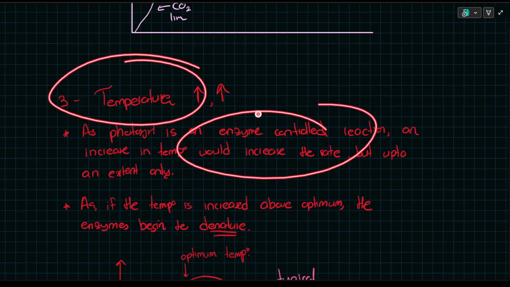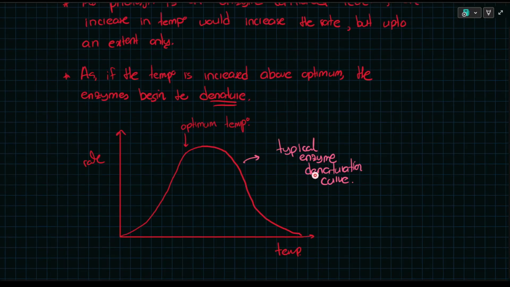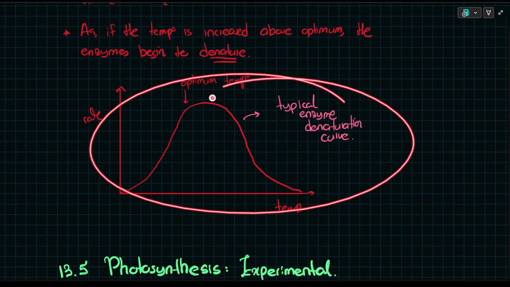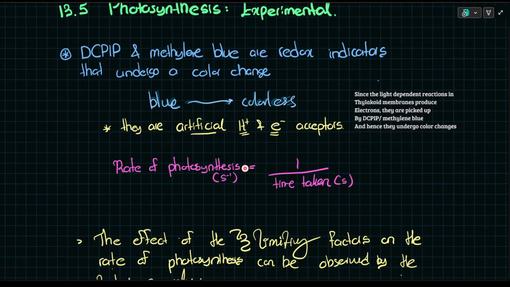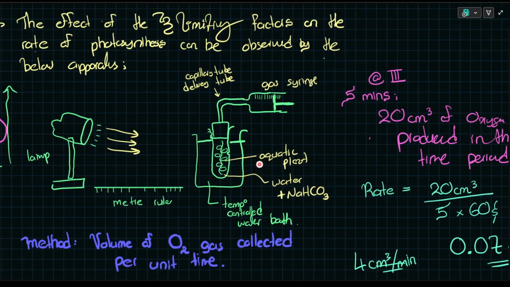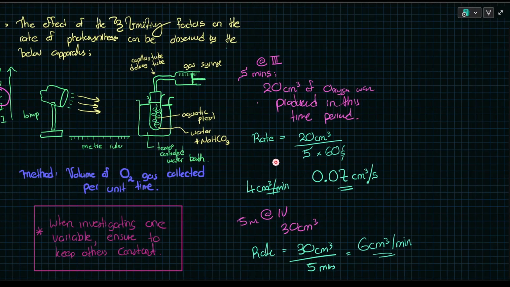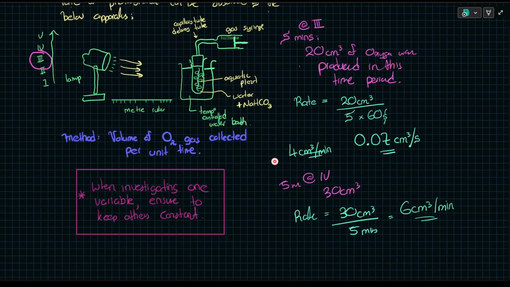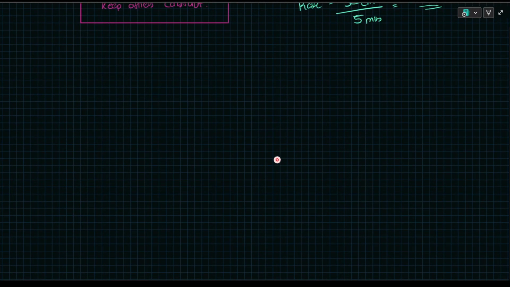Photosynthesis is an enzyme controlled reaction, therefore it follows the typical enzyme denaturation curve. And the experimental part of photosynthesis, where we calculate the rate, uses the volume of oxygen collected per unit time. And with that, that is the end of photosynthesis, A2 levels chapter 13.